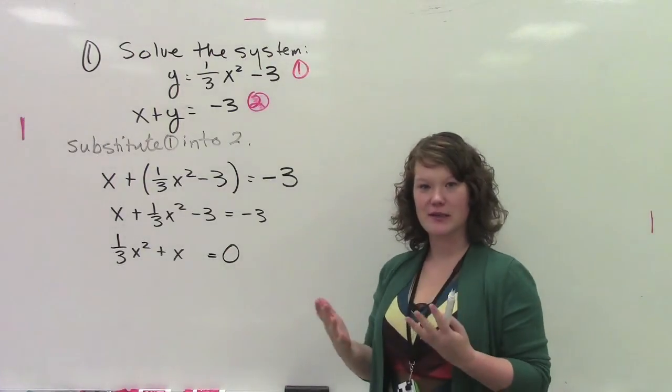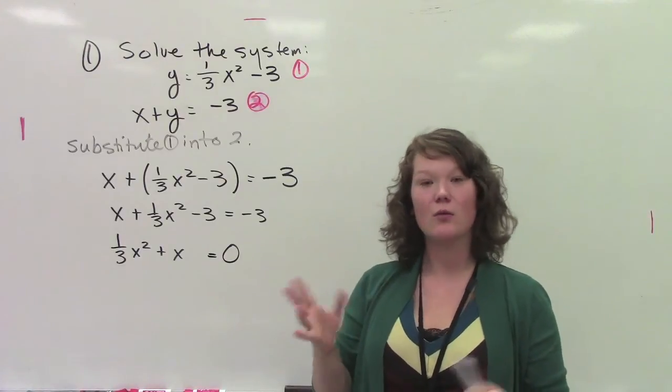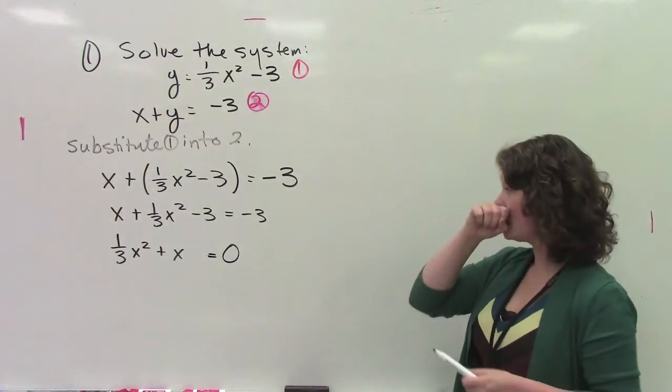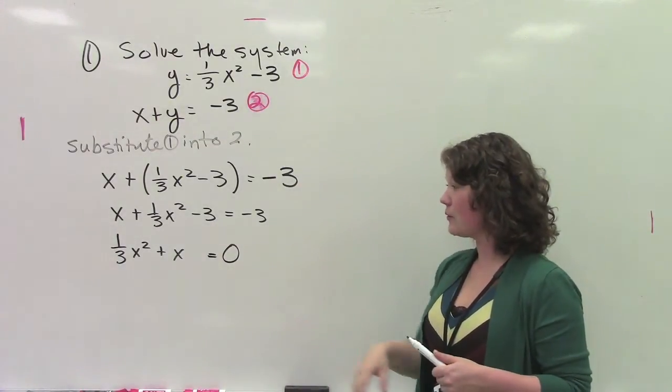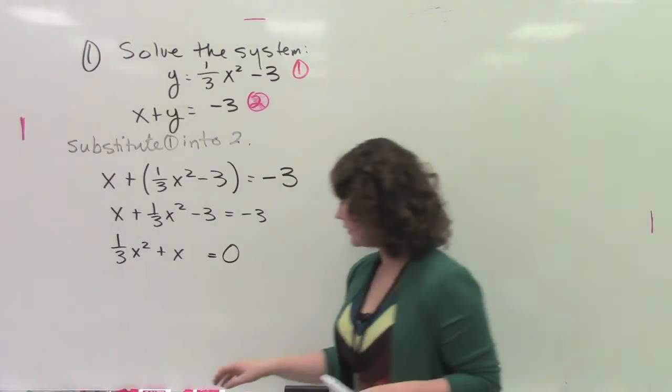We're actually going to be solving for how many points. Remember, there could be 0, there could be 1, or there could be 2. What's going to be helpful with that? At this point we can use the discriminant. Once we've substituted one equation into another, we want to use the discriminant to see how many solutions we're actually solving for.